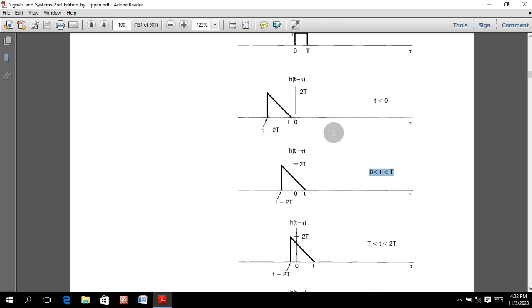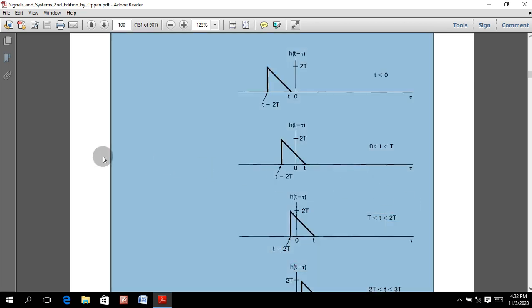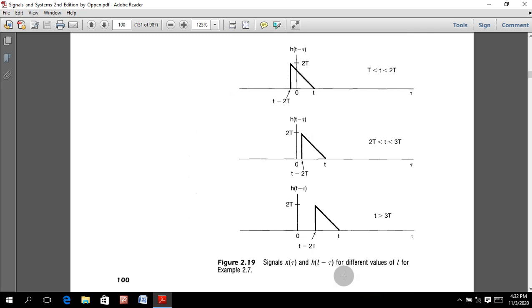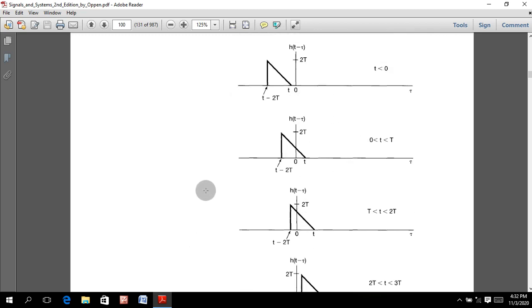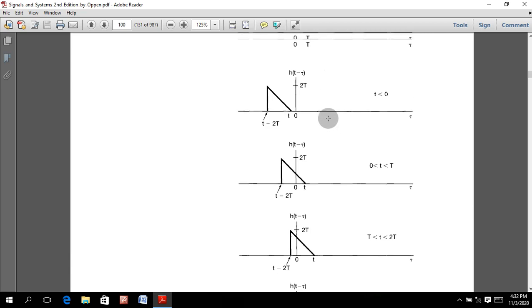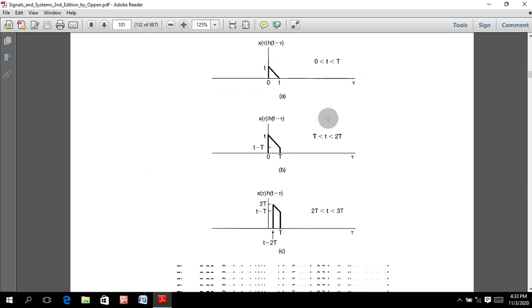The important part is that the waveform is preserved, because we already know this is a linear system, so the waveform will not get corrupted, but it will be delayed or advanced depending upon the range in which it has been calculated. These are the different ranges, and we multiply each range with the input signal, and depending upon that we get the output value.